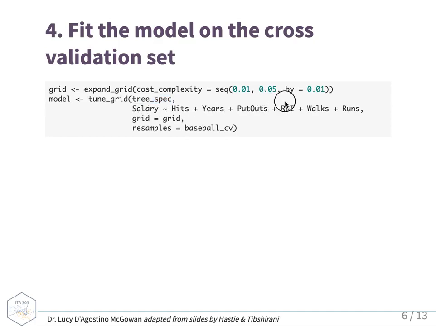I've decided to add some extra variables here, so now I'm predicting salary based on hits, years, putouts, RBIs, walks, and runs. I specify my grid, and then I specify my resamples, which in this case is the baseball underscore CV object, that six-fold cross-validation.